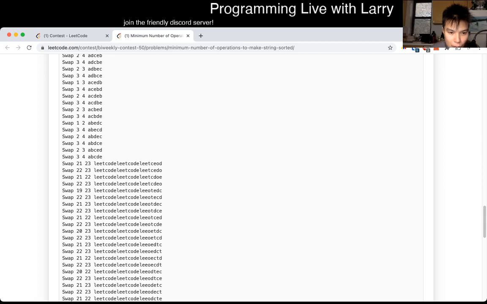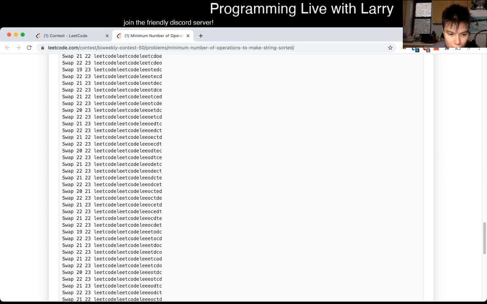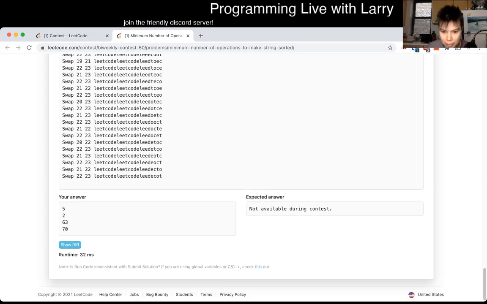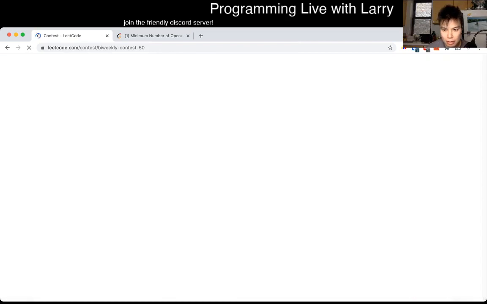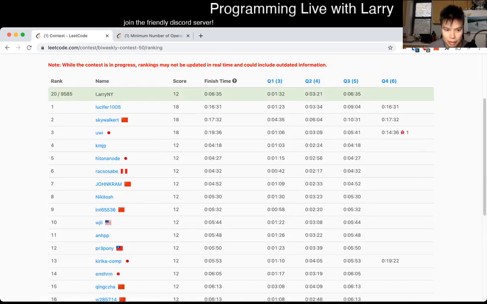I mean, this is some weird bubble up sort. How many people got this? Very smart people have gotten it.